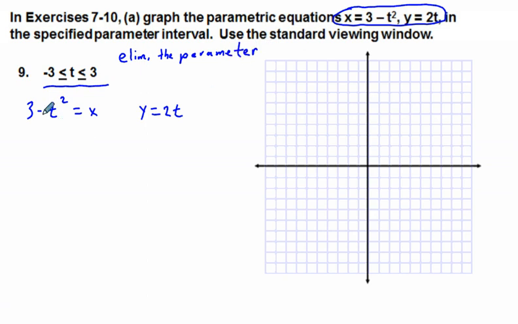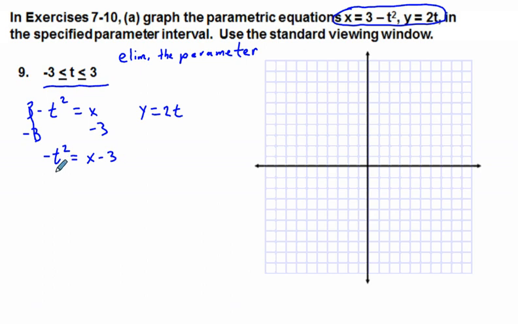So what we're going to do is solve this first equation for t. So we subtract 3. And usually what we do in these is solve for t in the x equation first. So now we have negative t squared equals x minus 3.